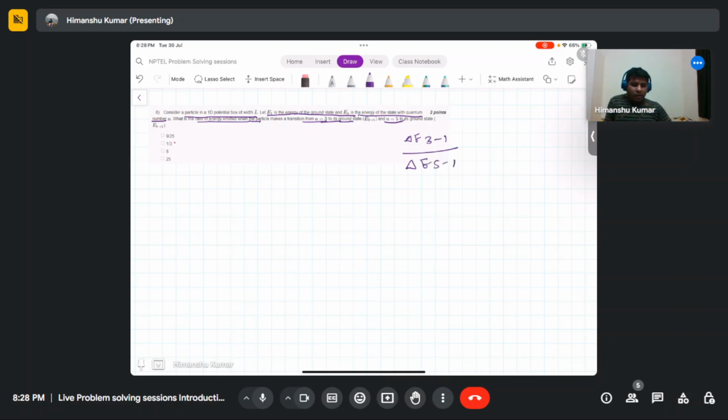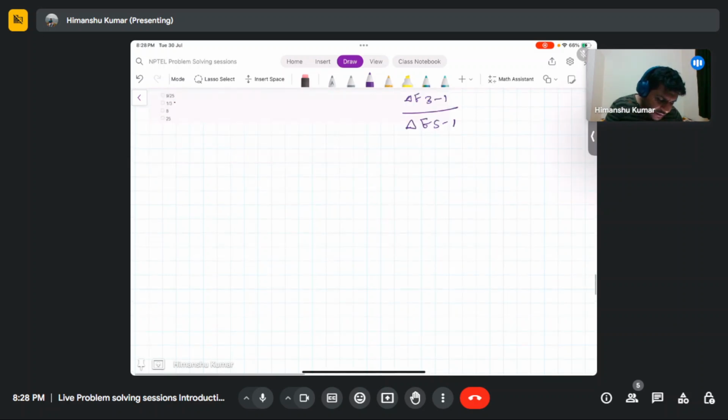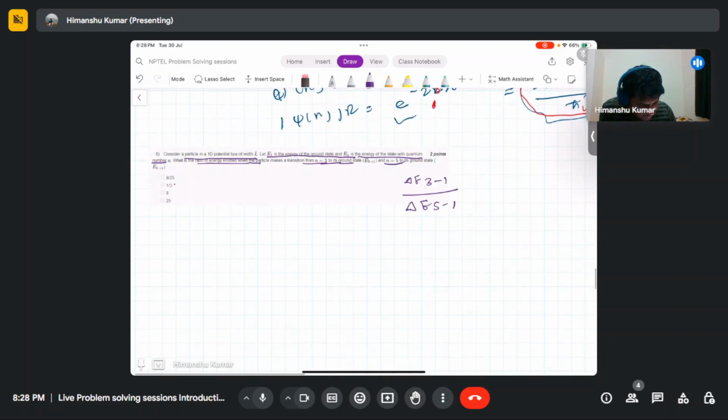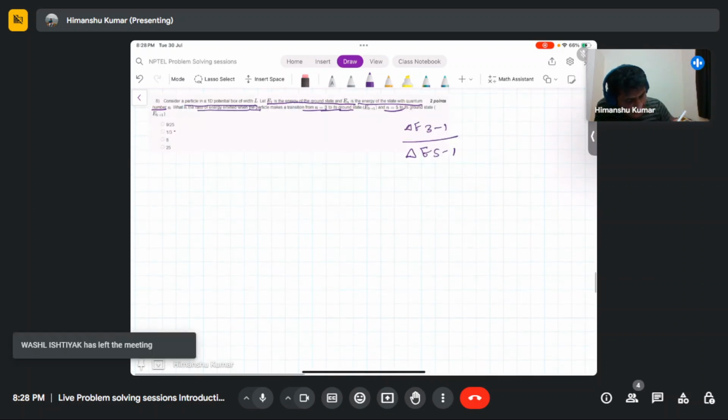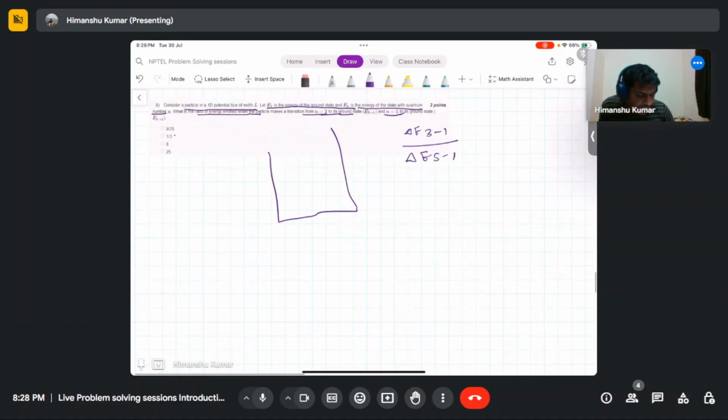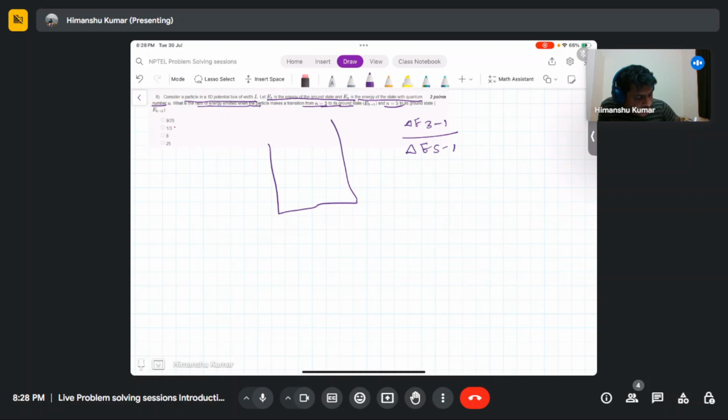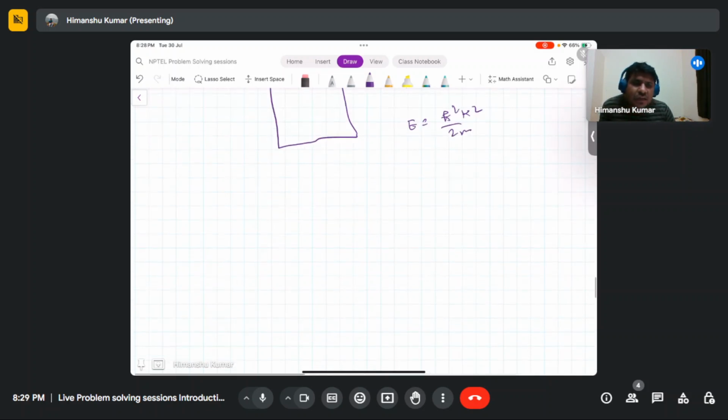In the class the particle in a 1D infinite potential well was solved, and in that the energy of the electron you can write as h bar squared k squared by twice m, and as you have an infinite potential wall, k does not take any value.